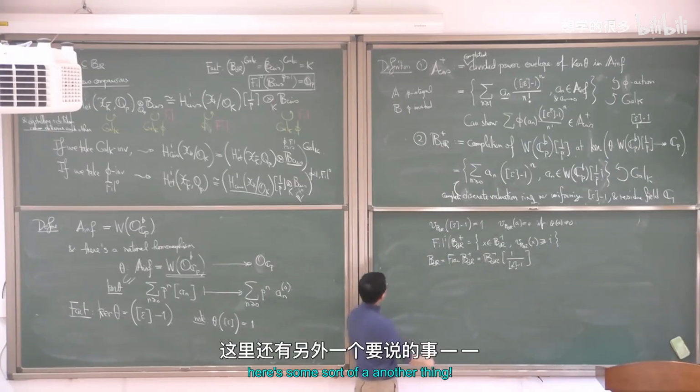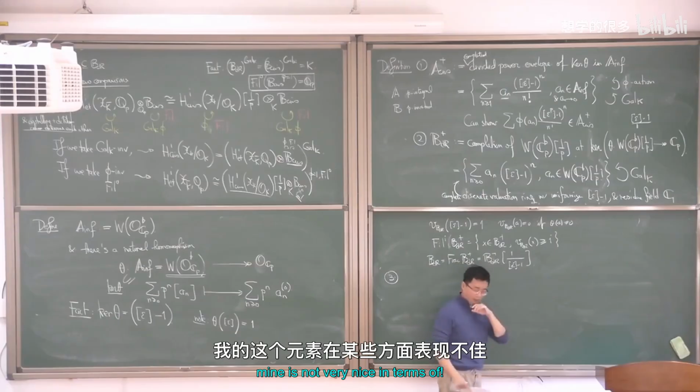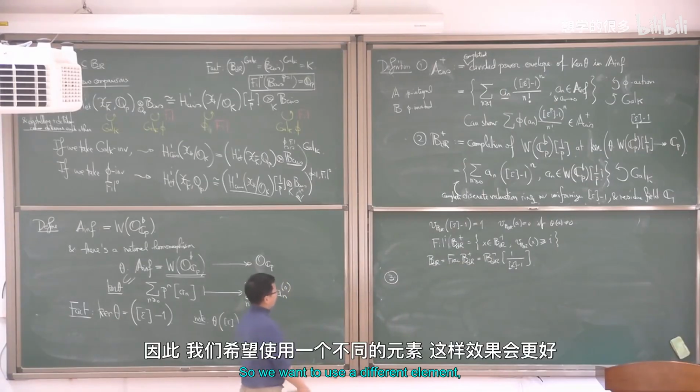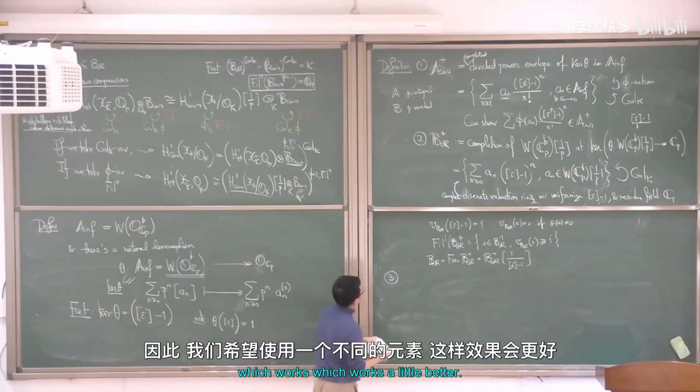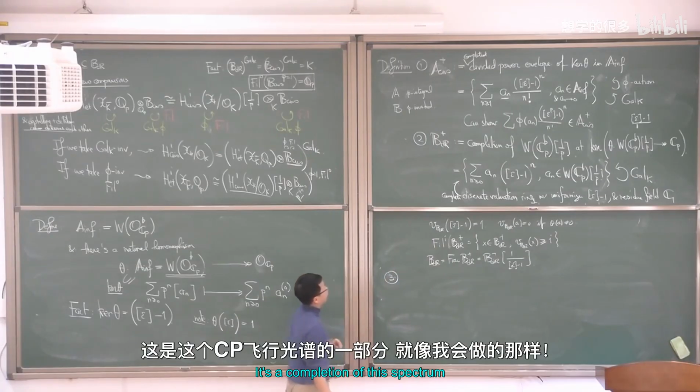But here's another thing. Another complaint is that this element epsilon minus 1 is not very nice in terms of Galois. So we want to use a different element which works a little bit better. But at least I defined what B dR is. It's a completion of this Witt vector of C_p flat at some quotient ideal.